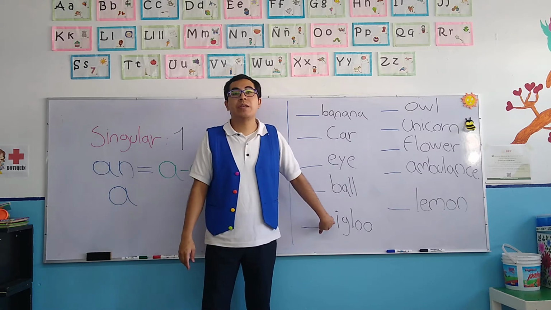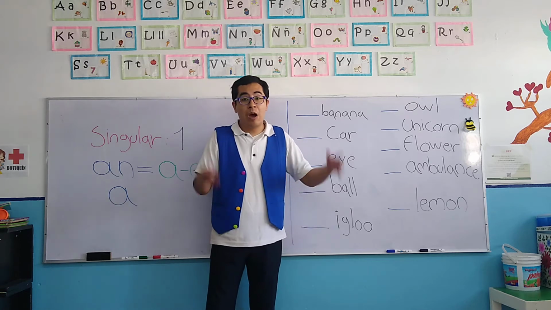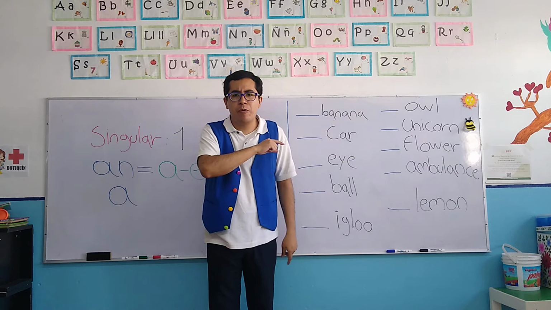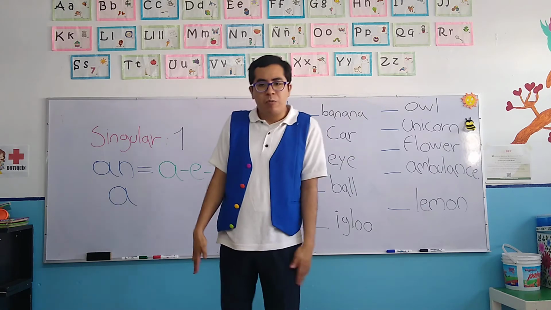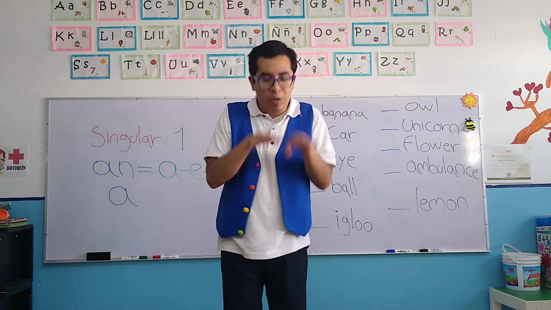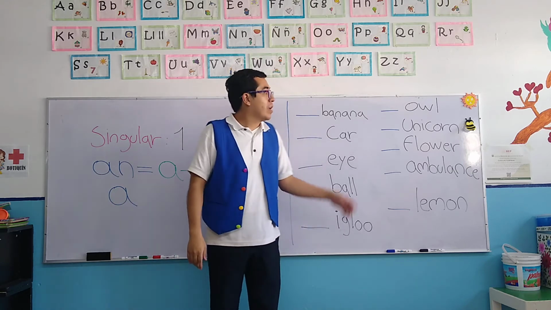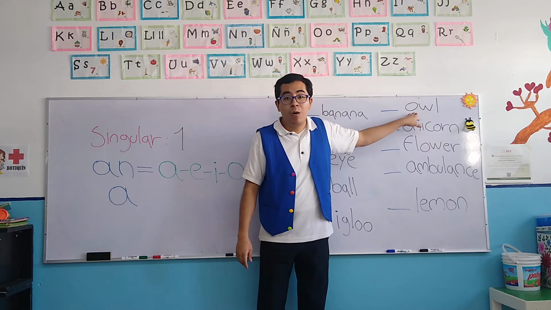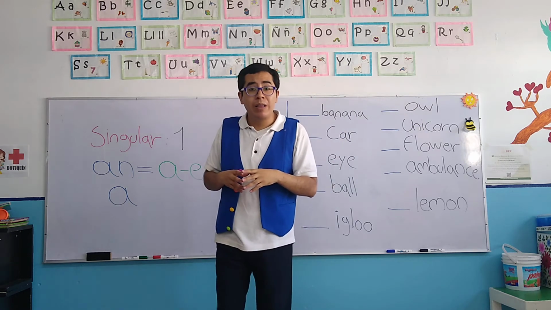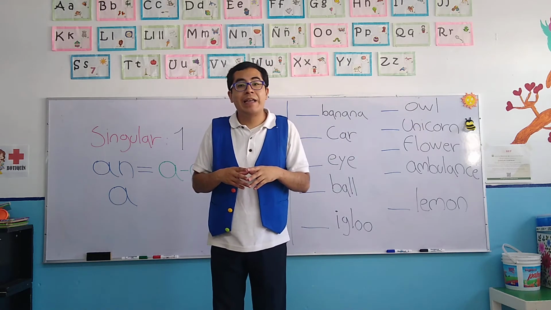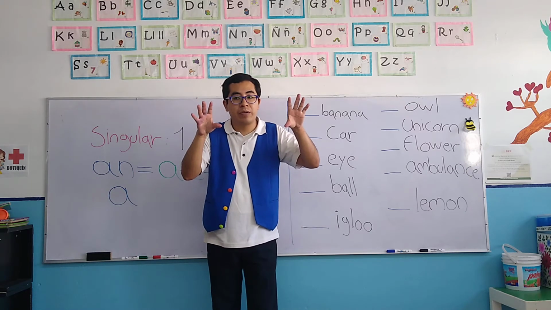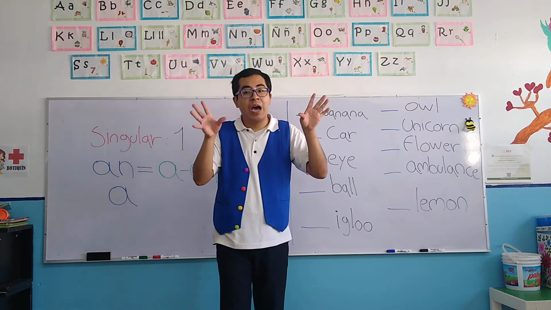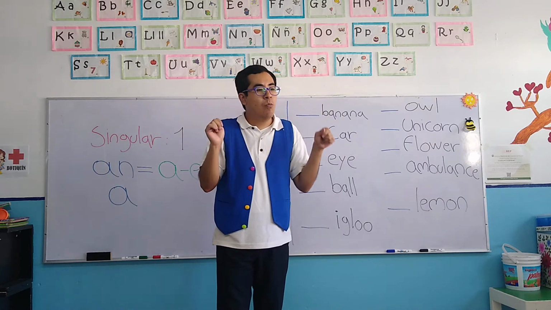Let's continue with the fifth object. The fifth object is an igloo. Now, what is an igloo? An igloo is the house of the penguins, okay? The penguins, when they are going to sleep, they go inside the igloos. Let's continue from the other side. The owl. Now, an owl is an animal that appears in the night, okay? When all of us are sleeping, the owl comes out and makes noises.